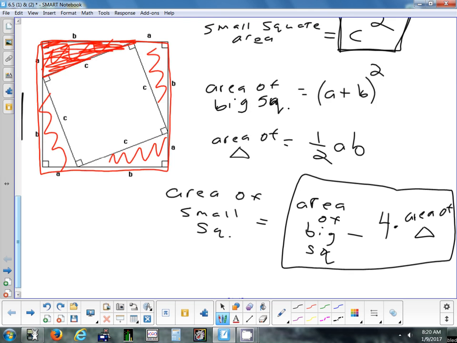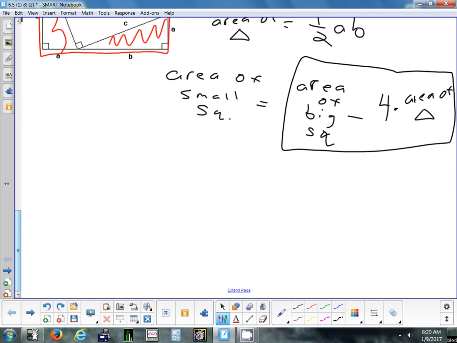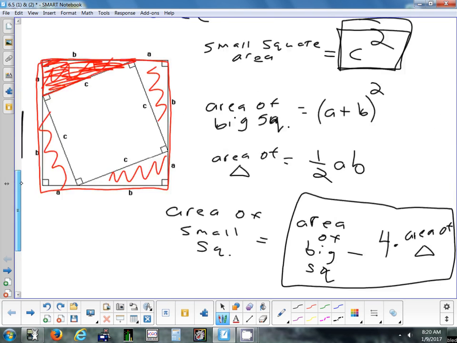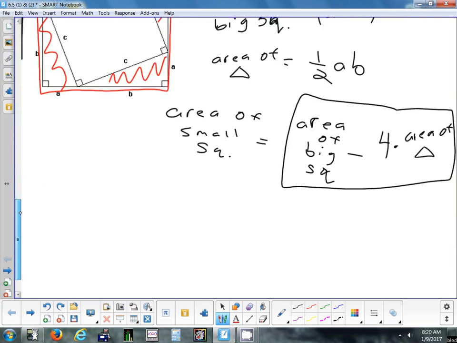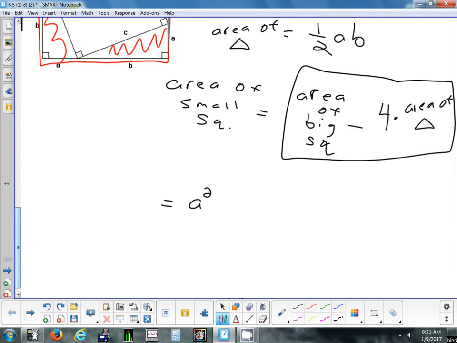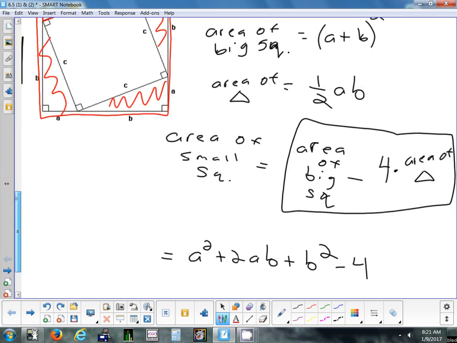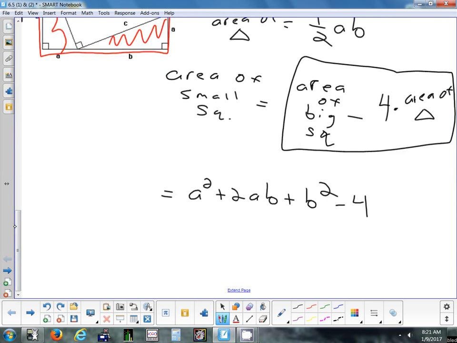So the area of the big square is A plus B squared. What's A plus B squared? It's A squared plus 2AB plus B squared, minus 4 times the area of the triangle, 1/2 AB.